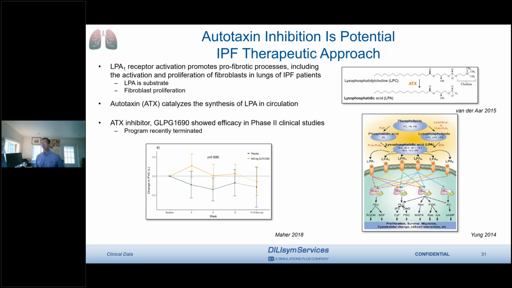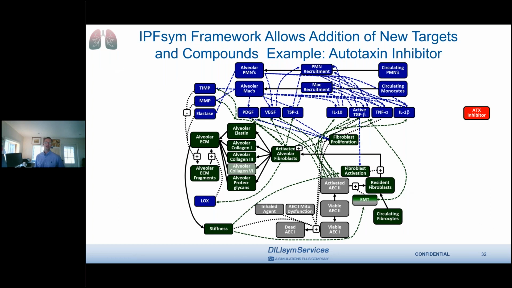Nonetheless, this prospective treatment and the available public information caught our eye, and we went through the thought experiment, if you will. How would we introduce an autotaxin inhibitor into our existing fibroblastic foci and representation of the pathophysiology? So we would go to the biochemistry. First things first, we would represent that LPA receptor and its interaction with its substrate, and its ability to exert influence on the proliferation of the fibroblasts.